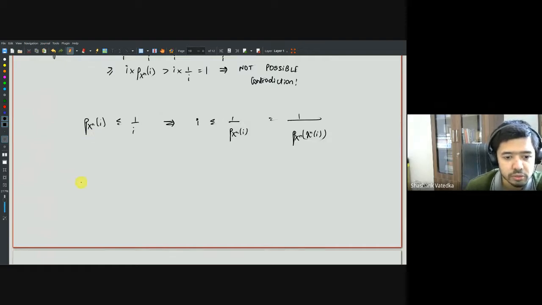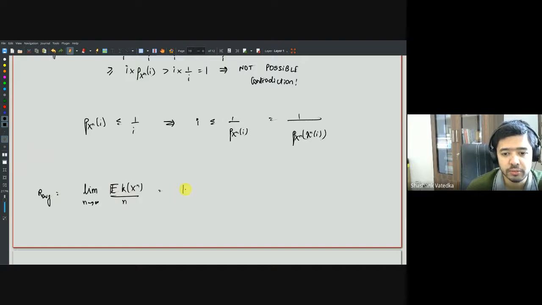Okay, so if you look at this particular quantity, the limit as n tends to infinity of the expected value of k of Xn divided by n, this is the asymptotic average rate.